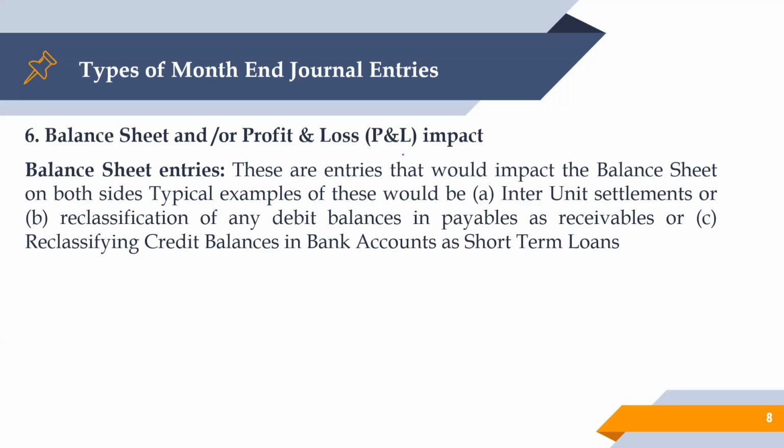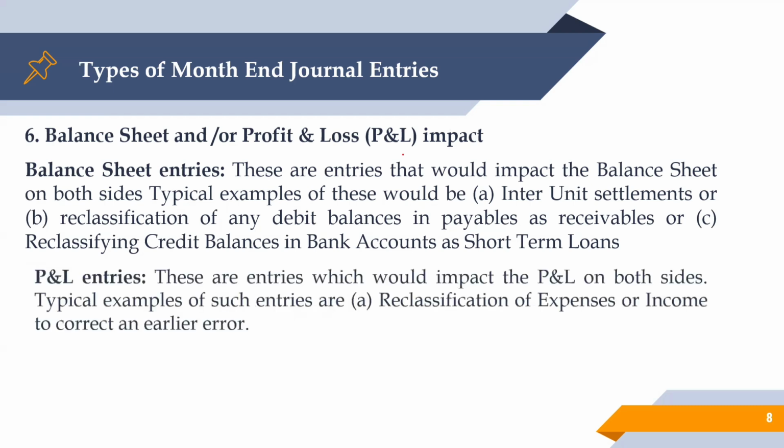If you excess-paid your vendor, then his balance is going to be negative, and that's going to be a receivable for us. Then we have to do the reclassification of that towards the receivables side. Similarly, if any bank balance goes negative, then instead of keeping it as an asset, we have to treat it as a short-term loan. That's the impact on your balance sheet entries.